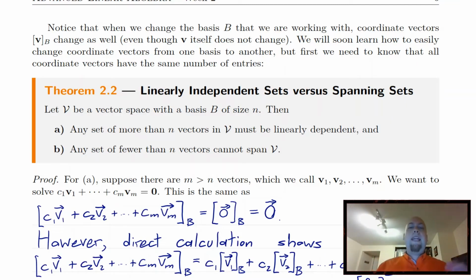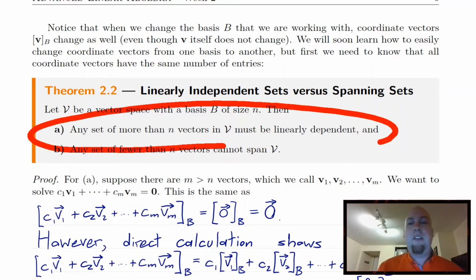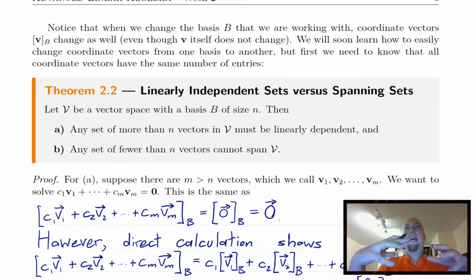Okay, and again, if you think back to sort of just vector spaces like Rn, where maybe you're a bit more comfortable, this is hopefully sort of intuitive. Imagine that you have a plane, right? Okay, and you construct a basis of that plane consisting of 2 vectors that are pointing in different directions. Okay, then the first part of this theorem says, well, if you take any set living in that plane that contains 3 or more vectors, it's going to contain redundancies. It's going to be linearly dependent.